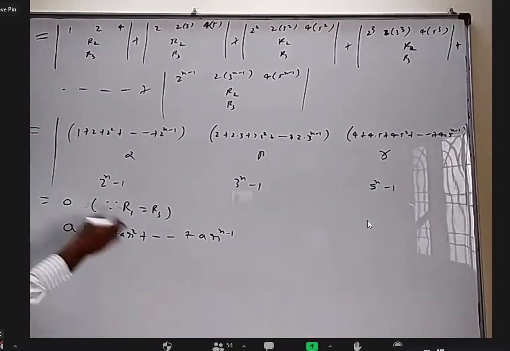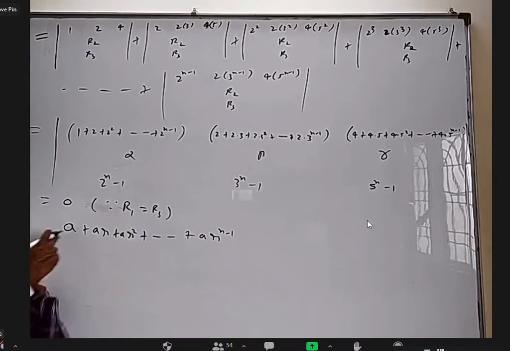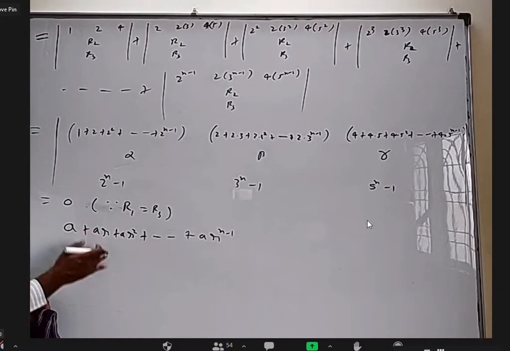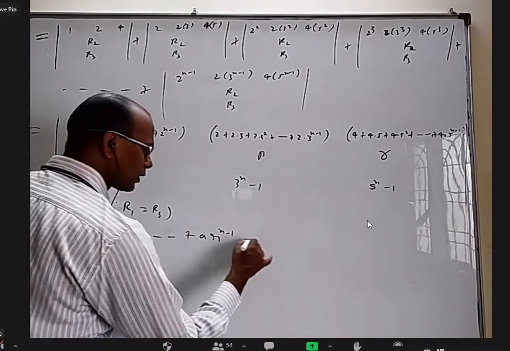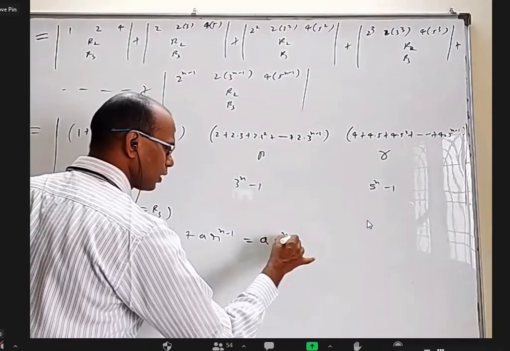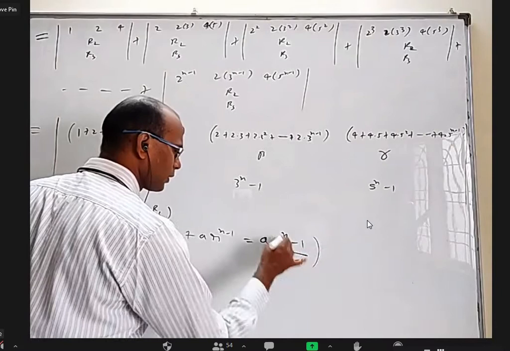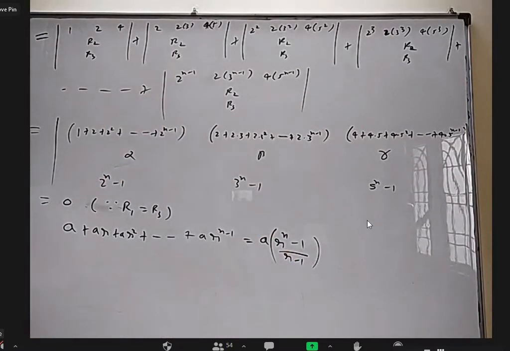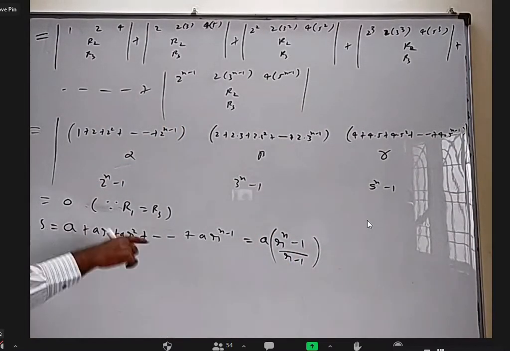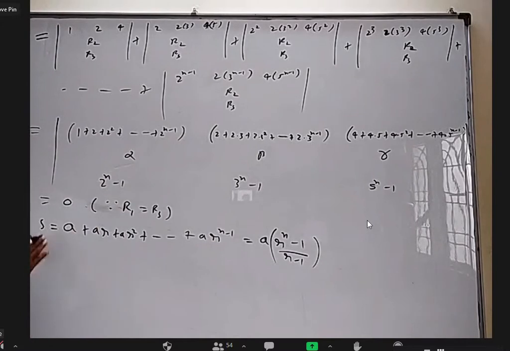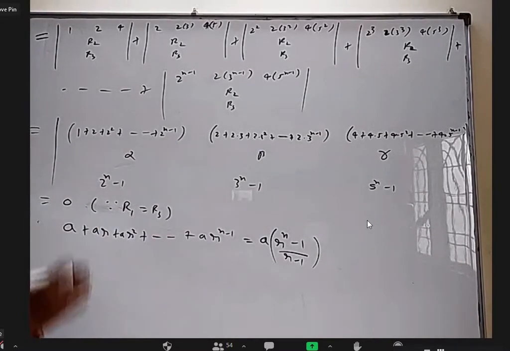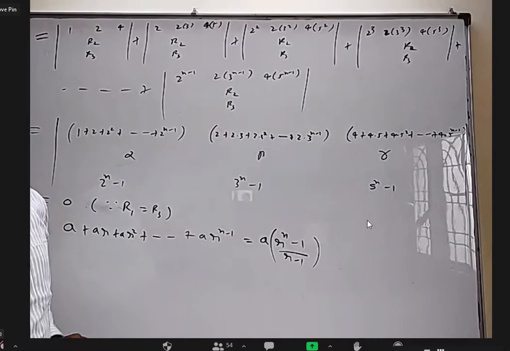This is called a geometric progression. The formula is a into r power n minus 1 by r minus 1. In fact, if you call this S, multiply with r and subtract, you can derive this formula easily. Just take it, we'll see later.